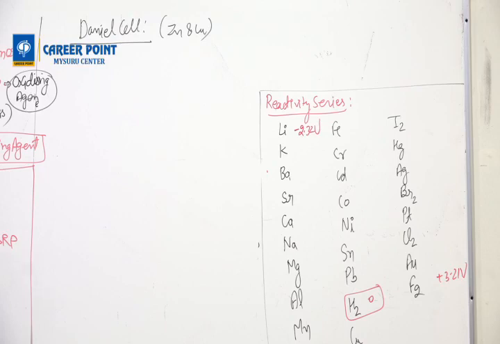You need to tell both anode and cathode.